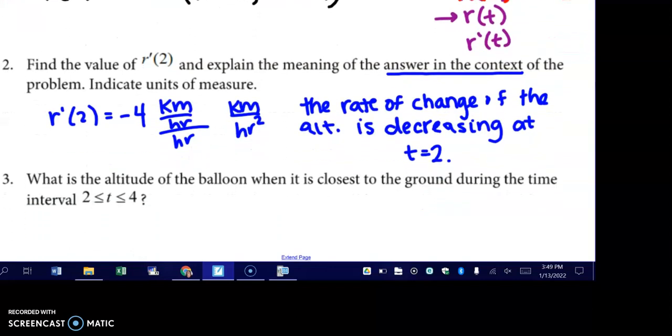Next one, what is the altitude of the balloon, so big R of t, when the balloon is closest to the ground, which means when we have a minimum altitude, somewhere between 0 and 4. Well, let's think about our minimum.